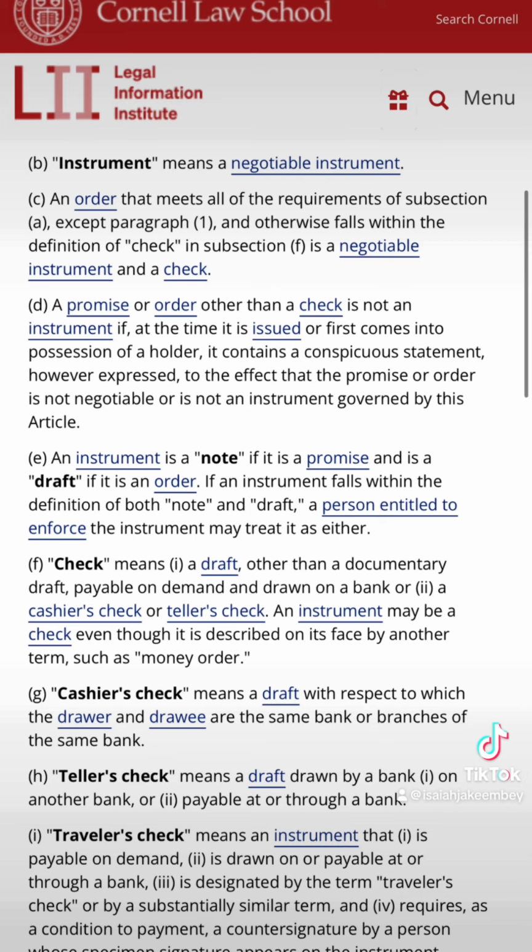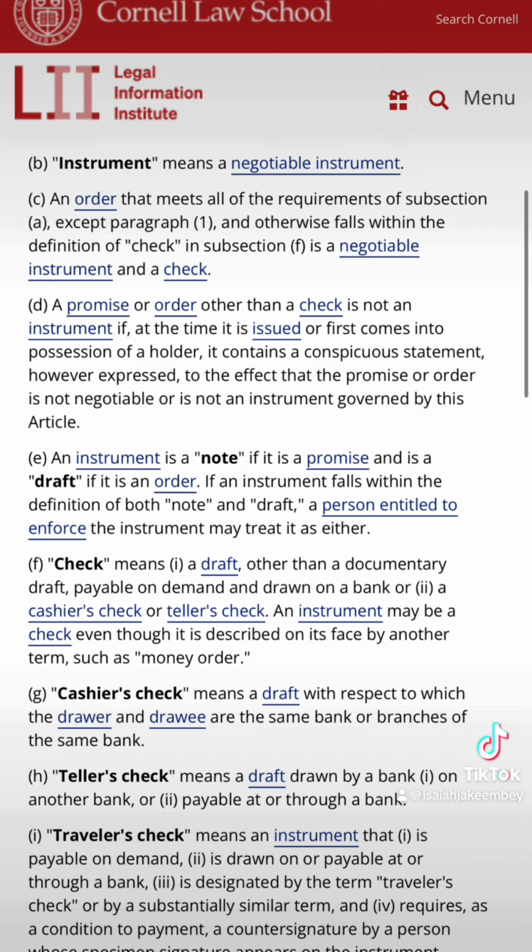So according to the Negotiable Instrument Act, a negotiable instrument is an order that meets all the requirements of subsection A, what I just read, except for paragraph 1, right? And it otherwise falls within the definition of a check, right? In subsection F, is considered to be a negotiable instrument in a check.